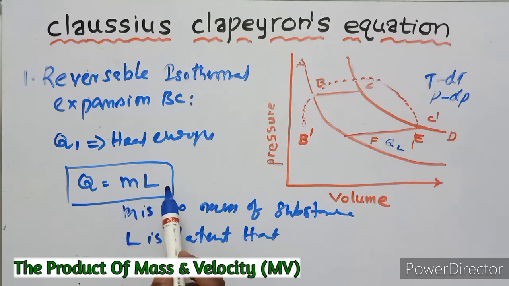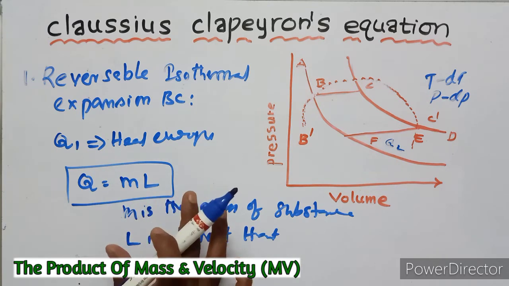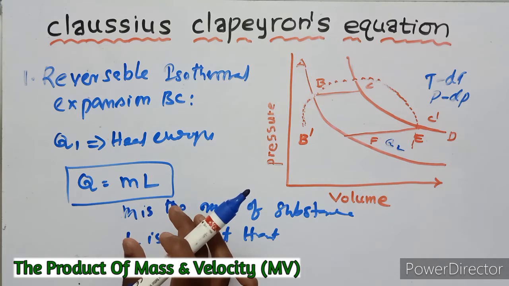So Q1 is the product of mass and latent heat. Here the heat energy is absorbed at temperature T.